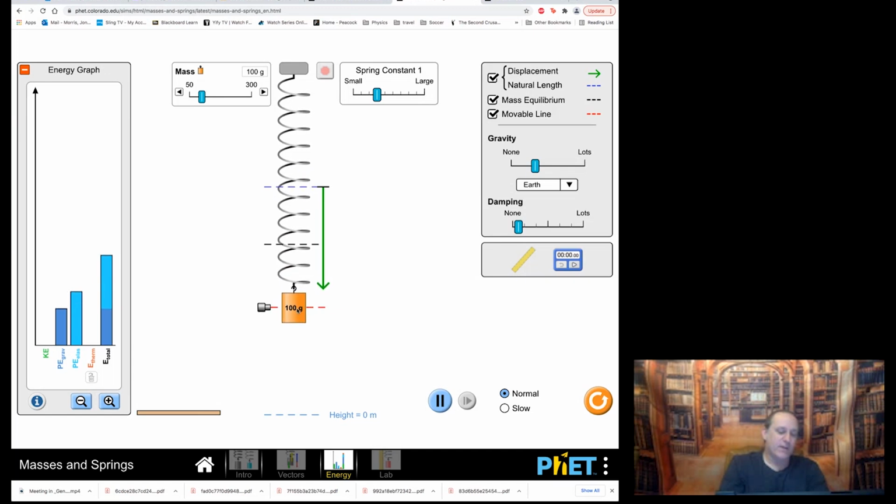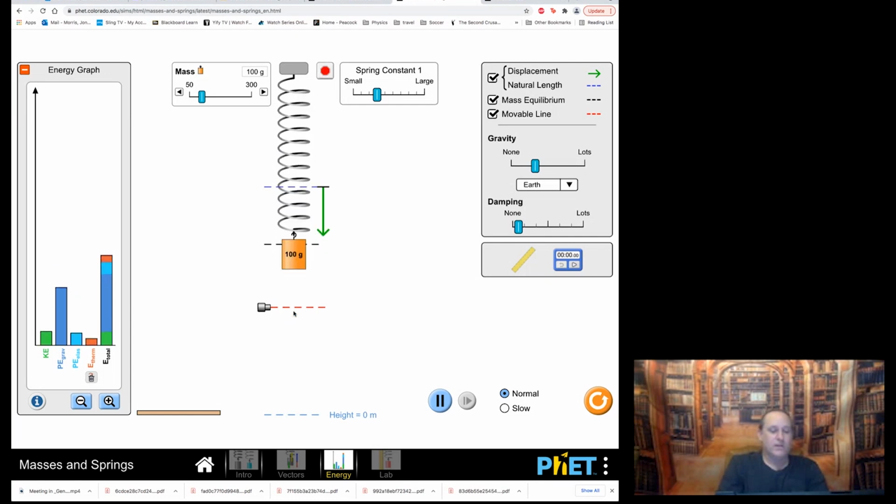So let's put the middle of the mass on the reference line. And then I'm just going to let it go. Now there's a little bit of friction here. This damping represents friction, and we can see the amplitude, the oscillation gets smaller and smaller and smaller. Eventually, this will stop, or at least the oscillations become so small that we can no longer see them. So that's what happens with friction.